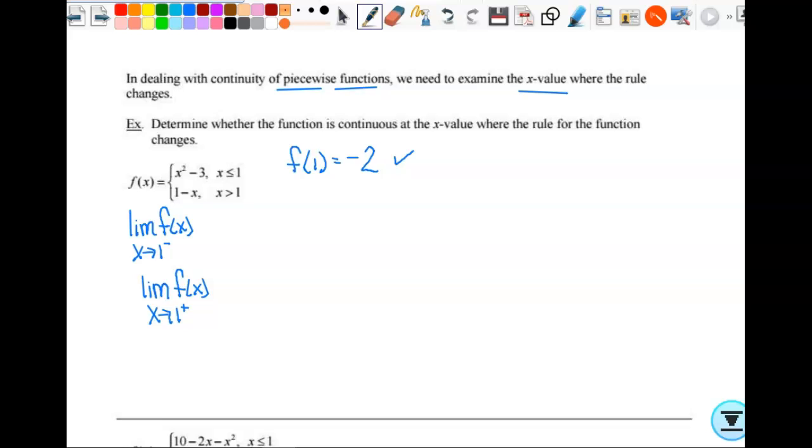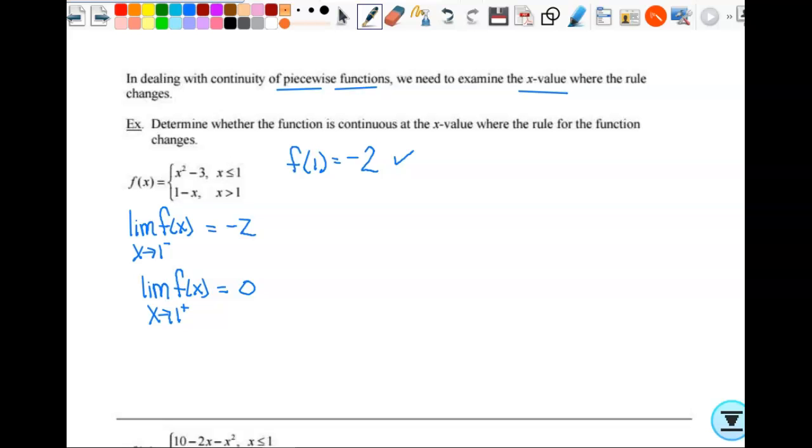From the left, which one am I using? The first one. When I substitute in 1, I get negative 2. When I substitute it in this one, what do I get? 0. Does the limit exist? No. So it fails right there.